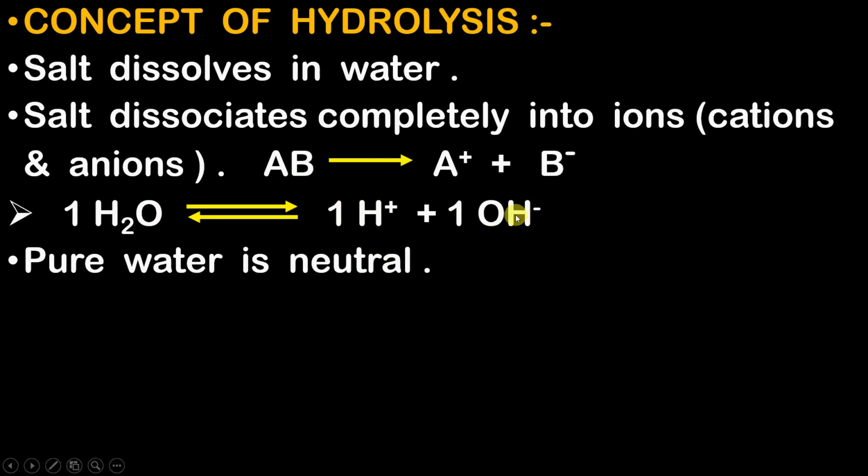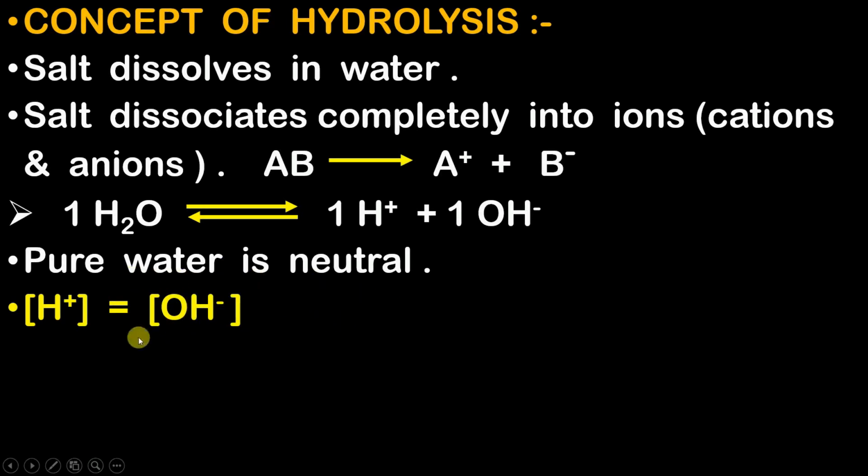So can I say that the H+ ions and the OH- ions that we are getting are the same in amount, and therefore the molar concentration of H+ ions is equal to the molar concentration of OH- ions. Since these molar concentrations are the same, that is the reason why pure water is neutral.